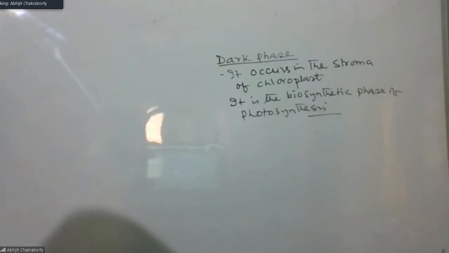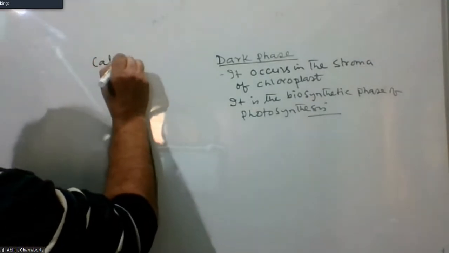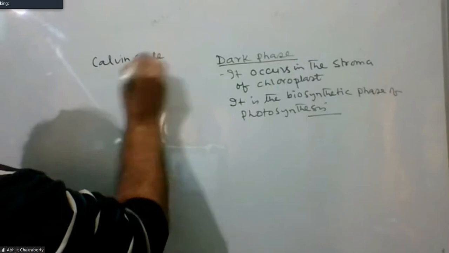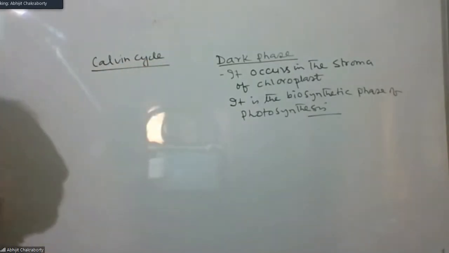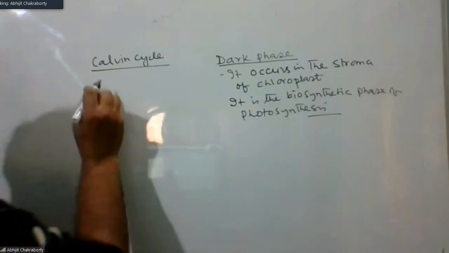Now we have to discuss the Calvin cycle first. There are some other cycles also, like the Hatch-Slack cycle, but first of all the Calvin cycle, which occurs in all photosynthetic plants.